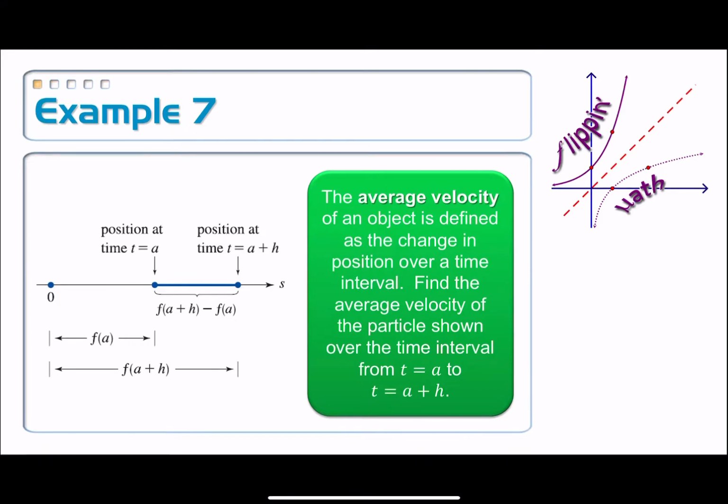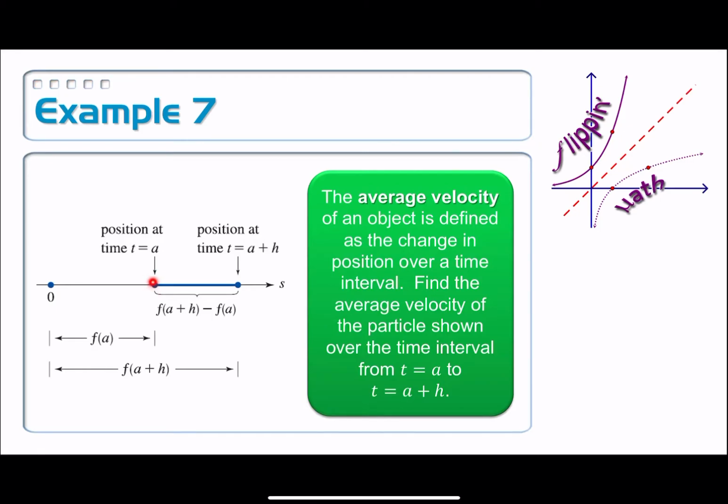Okay, so one of the things that we often talk about in terms of particle motion is its velocity. And soon we'll also talk about its acceleration. But right now, let's talk about the average velocity. Average velocity is just simply the change in position over some sort of time interval. So, for example, we have our particle.